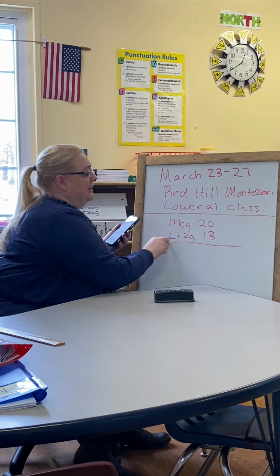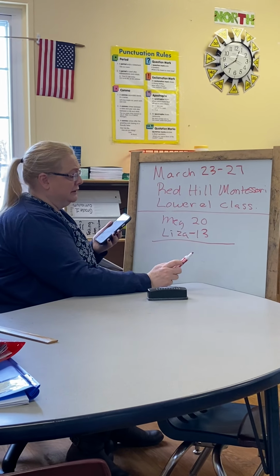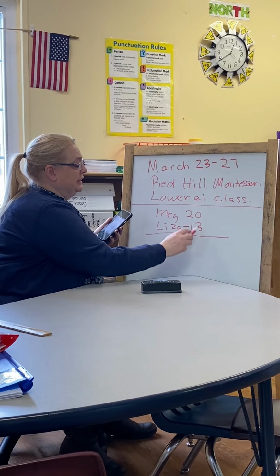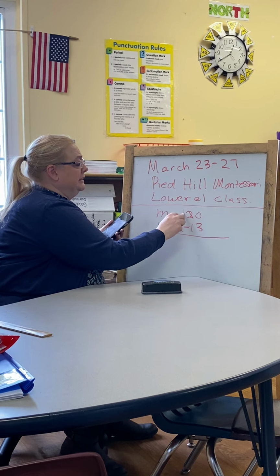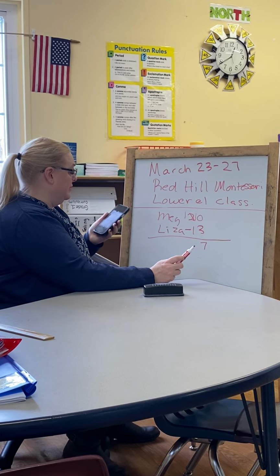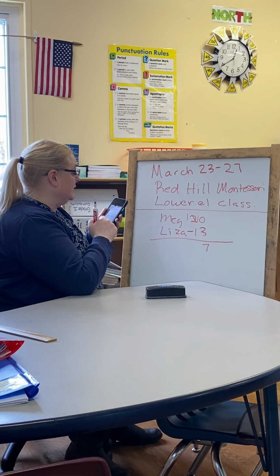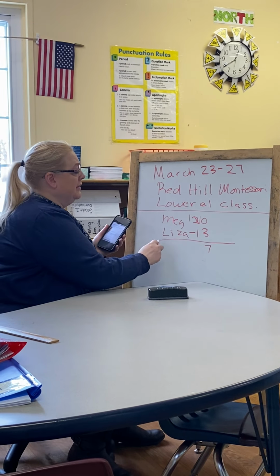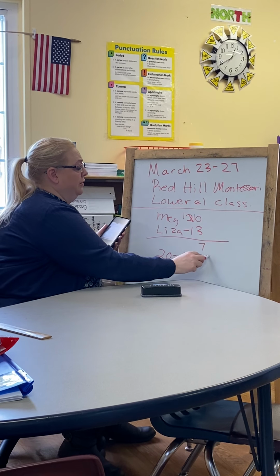To find the difference, we have to subtract. So when we take 13 from 20, we cross this out because we know we're borrowing, and then we have 7. So we know that Liza had 7 fewer crayons, and this is your problem. You're going to write 20 minus 13 equals 7.